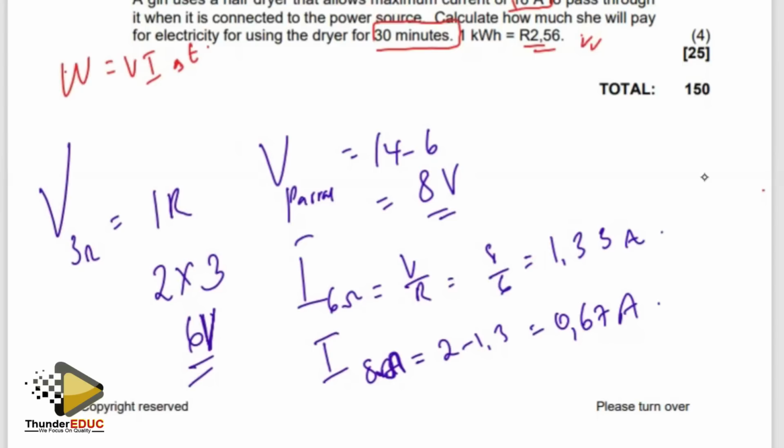So the voltage is going to be 220. The current is 16. The time is 30 minutes times 60, because we need it in seconds. So that's going to be 220 times 16 times 30 times 60. This gives me 6,336,000.